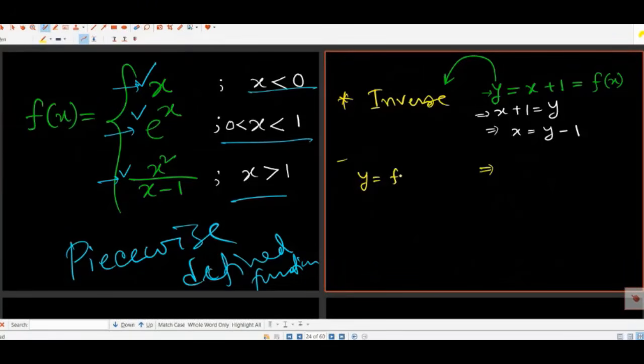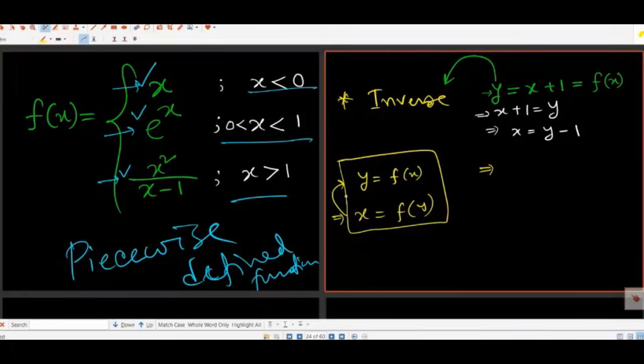Let's say we have y equal to f of x. If we can write x equal to f of y, so x equal to f of y is the inverse of y equal to f of x. But every function has the input as x, but here you can see that in the parenthesis we have y. So in the next step, we can input y as x. So where we have y, let's input x.